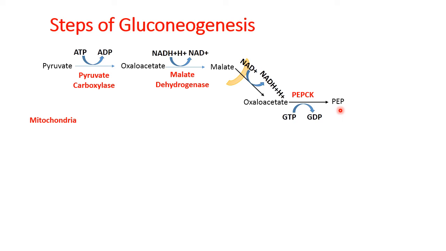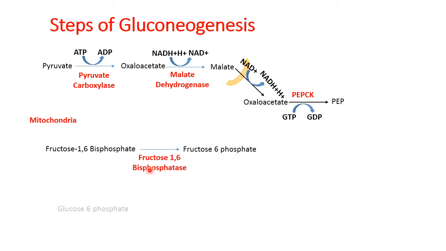Now the rest of the steps will be reversible until it is again converted to fructose 1,6-bisphosphate. Now this fructose 1,6-bisphosphate will be converted to fructose 6-phosphate by the enzyme fructose 1,6-bisphosphatase. Now this fructose 6-phosphate will get isomerized to glucose 6-phosphate.